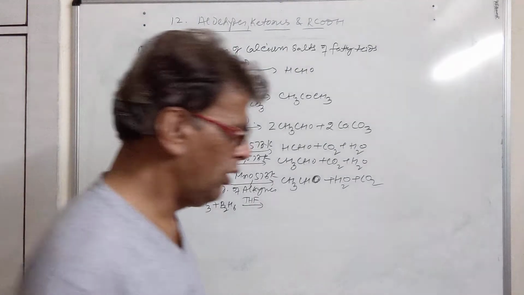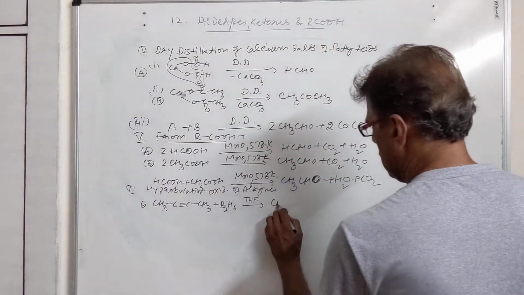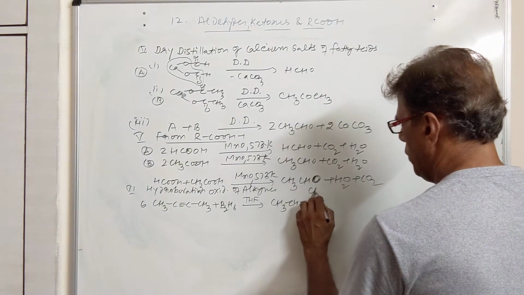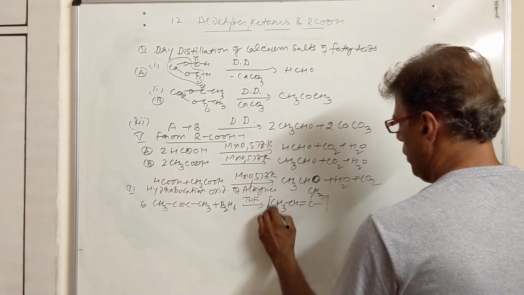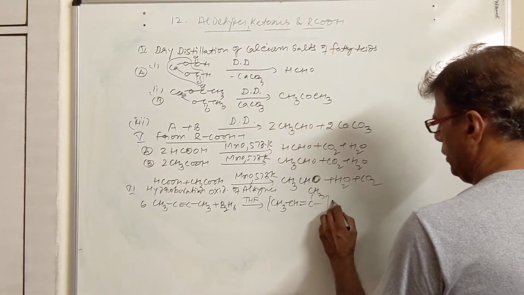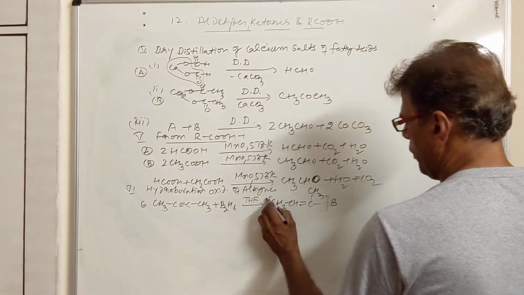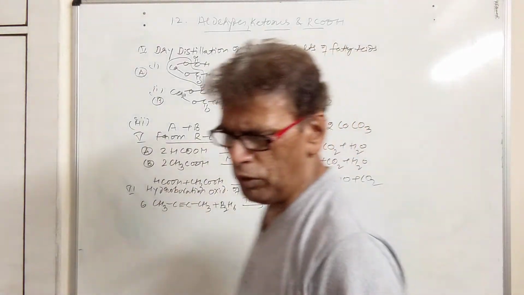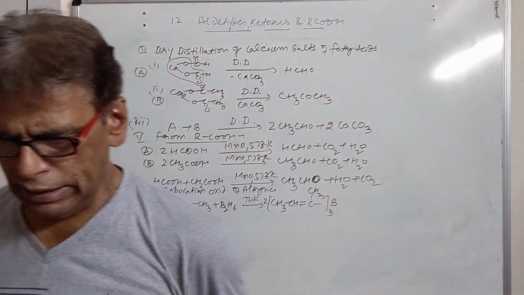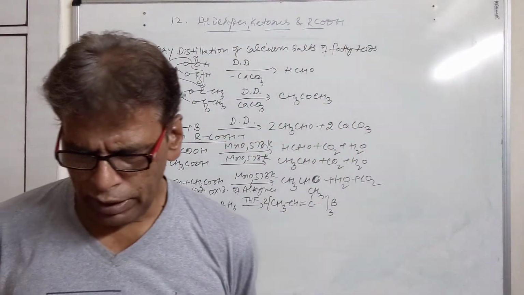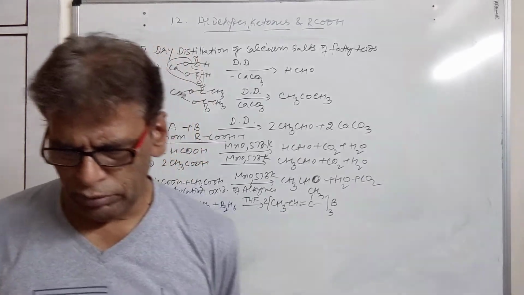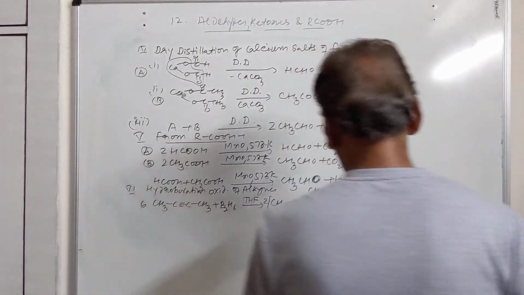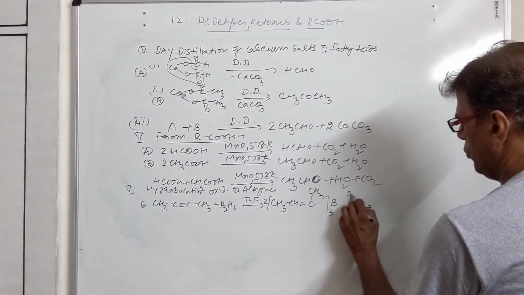This will give you the mixture CH3CH=C(CH3). It will be attacking with boron. This is the compound which is formed. First of all, it is tributyl borane. It is hydrolyzed with alkaline H2O2.